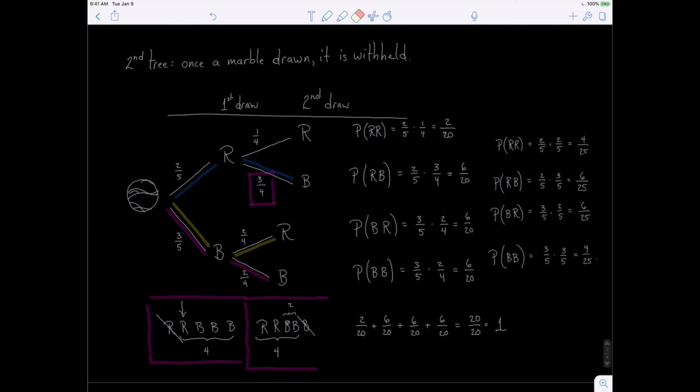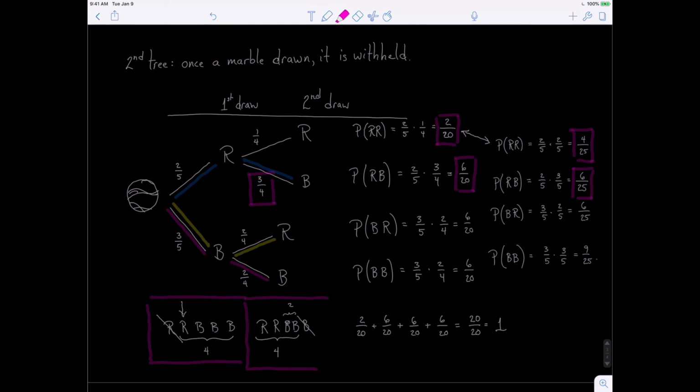What I want us to see is, notice that even though here's the same outcome, this first column is dependent and the second one is independent, and notice that you actually get different values. Here's 2 20ths, but when they're independent, it was 4 25ths. Then for red blue, when they're dependent, it's 6 out of 20, but when they're independent, it's 6 out of 25. Those are actually different numbers.